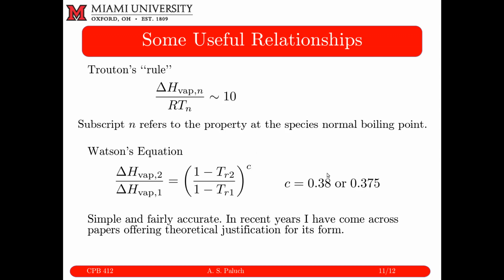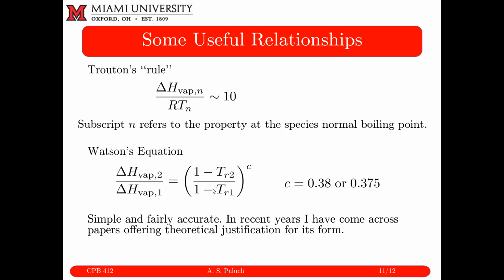A common value of C is either 0.38 or 0.375. This expression works incredibly well. If I have knowledge of the enthalpy of vaporization at one condition, and I know my critical temperature, I can use this to make very accurate predictions at other neighboring conditions.